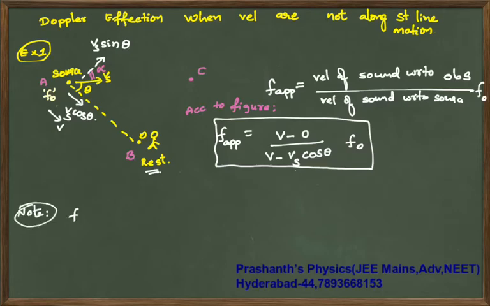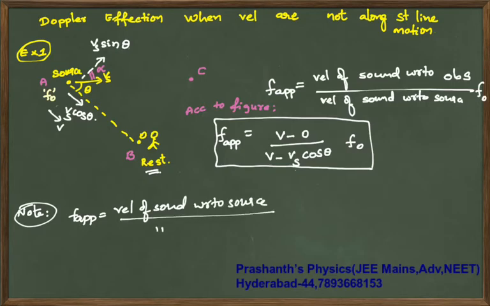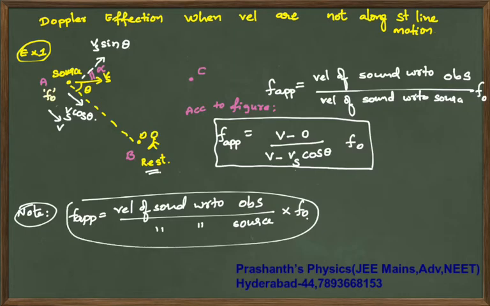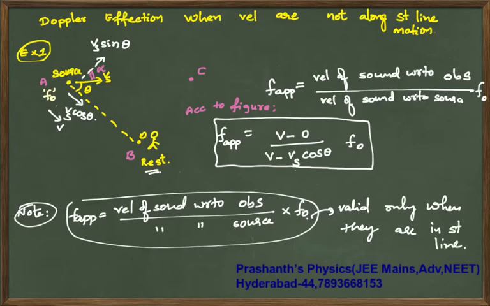Note, your apparent frequency is velocity of sound with respect to observer by velocity of sound with respect to source, times f naught, is valid only when they are in straight line. If not, what is it we are supposed to do?